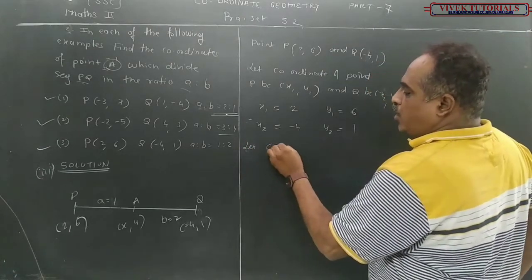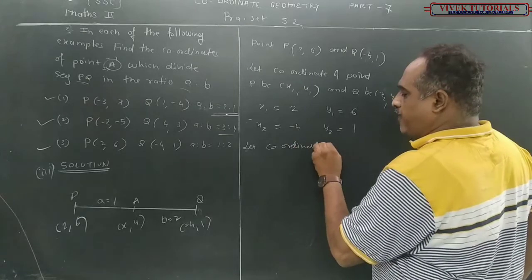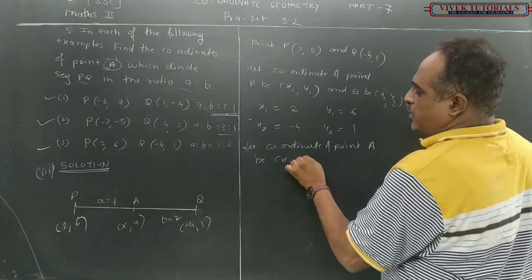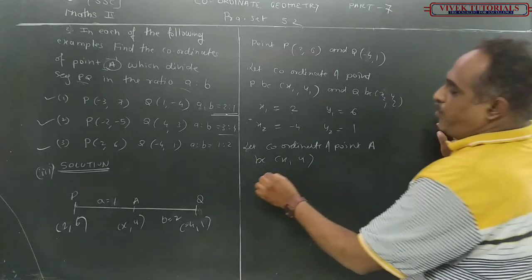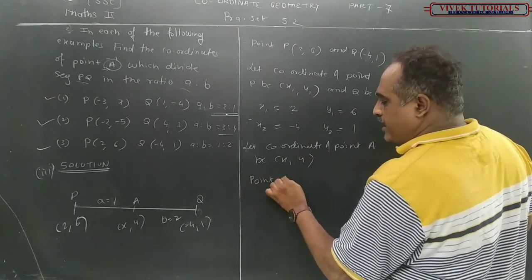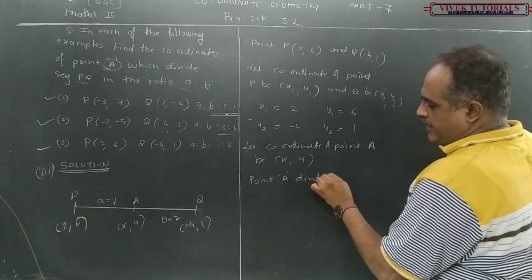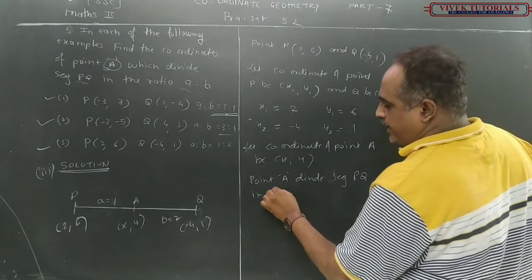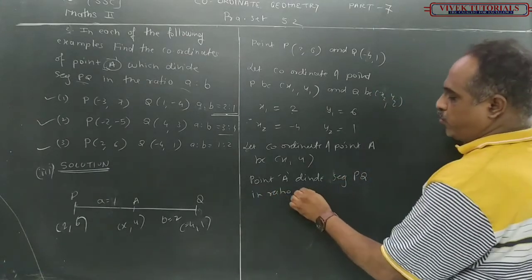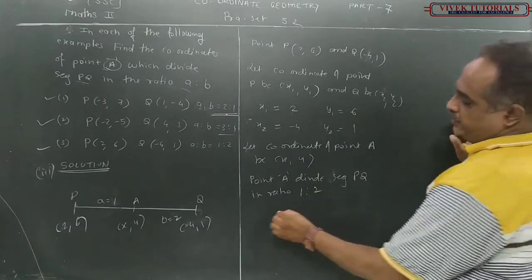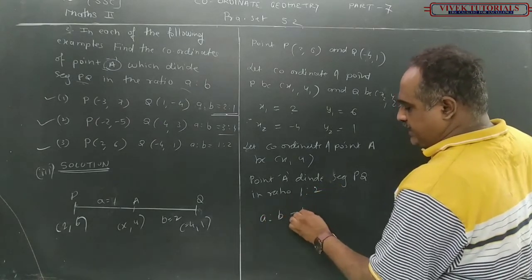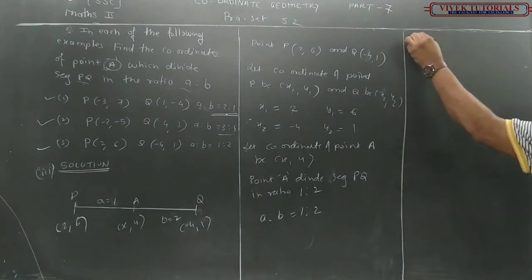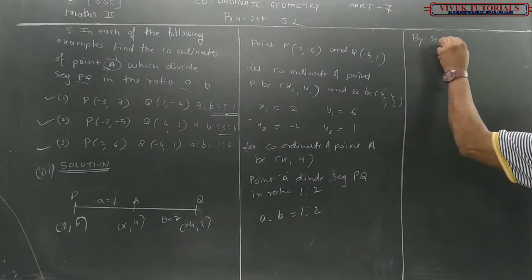Let coordinate of point A be x, y and point A divides segment PQ in ratio 1:2. So A is to B is equal to 1:2. So what you are going to do by section formula.